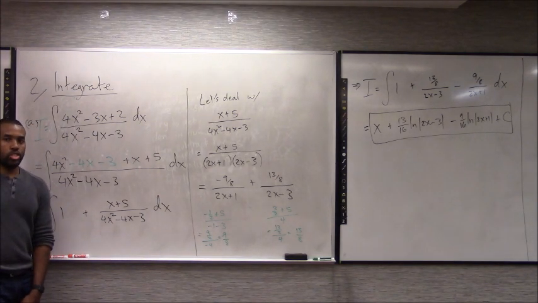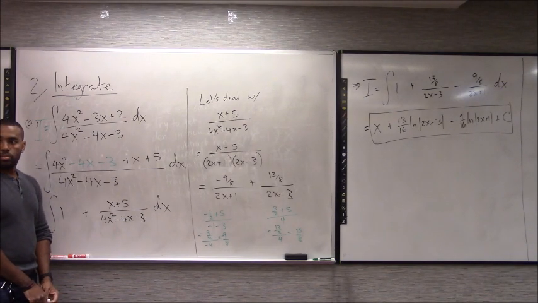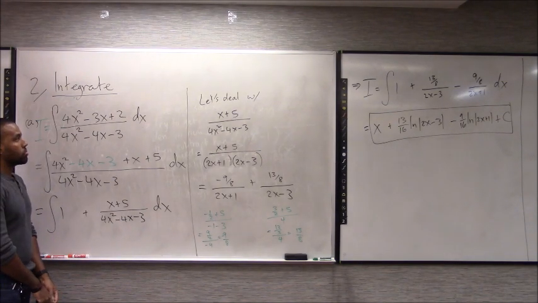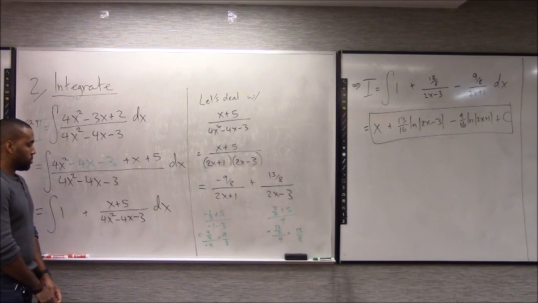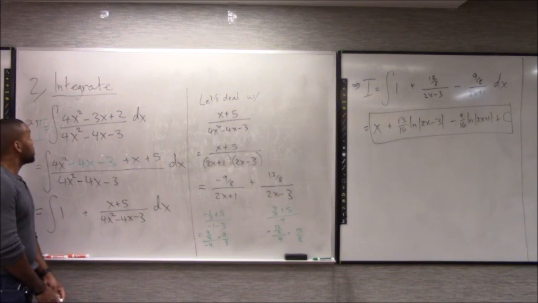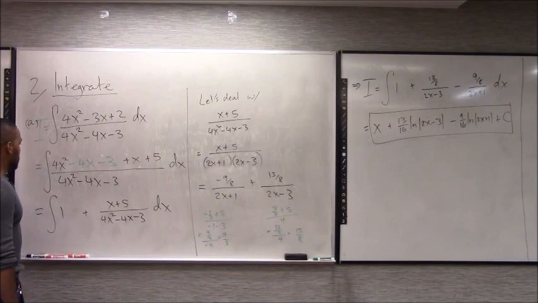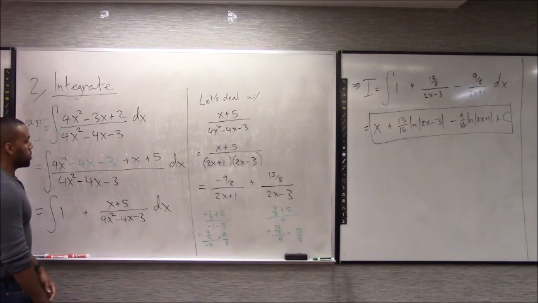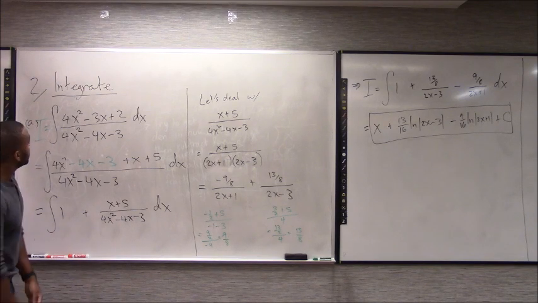Questions, concerns, comments? If you tried them on your own, which hopefully you did, you should be comparing what I'm doing to what you're doing. If you got stuck, assess where you went wrong or what you neglected to do.